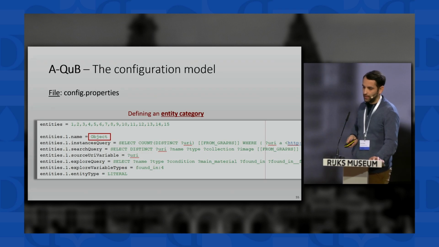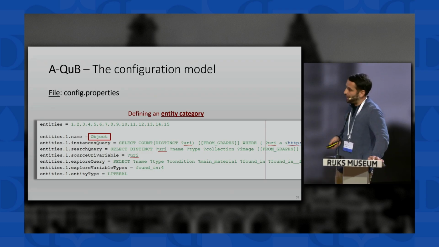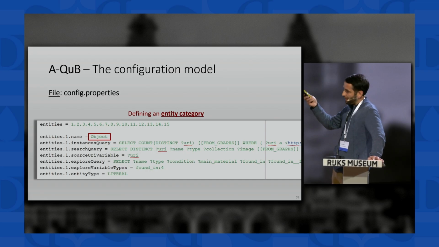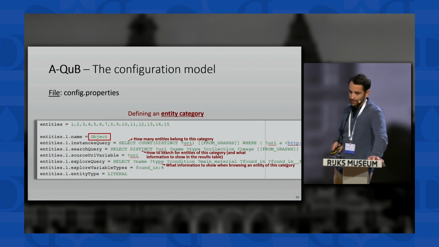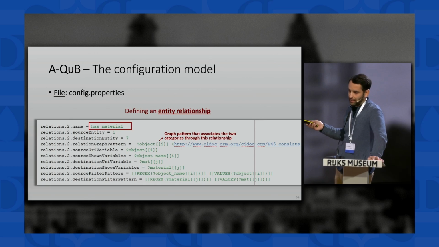And here is an example of the configuration file. We can configure the system through a single config.properties file. So for a category we provide the name, a SPARQL query pattern for retrieving the number of entities belonging to this category, a pattern to search for entities of this category, and a pattern for what information to show when browsing an entity of this category, and the same for the entity relationships.